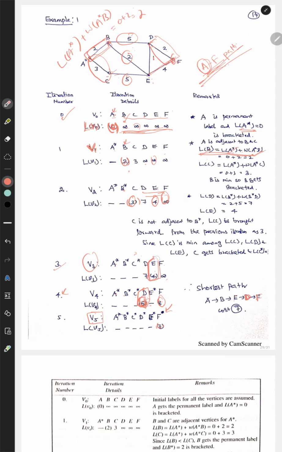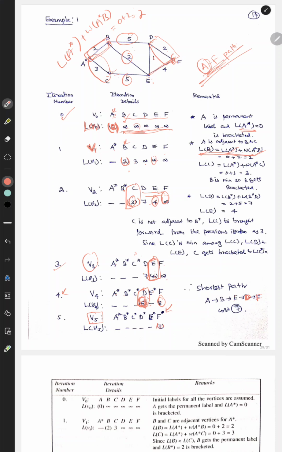Now E has the permanent label as 4. In the previous stage also it was 4. So the vertex that was permanented in second stage, that is not giving the permanent label 4 to E. It was given in a previous stage, right?